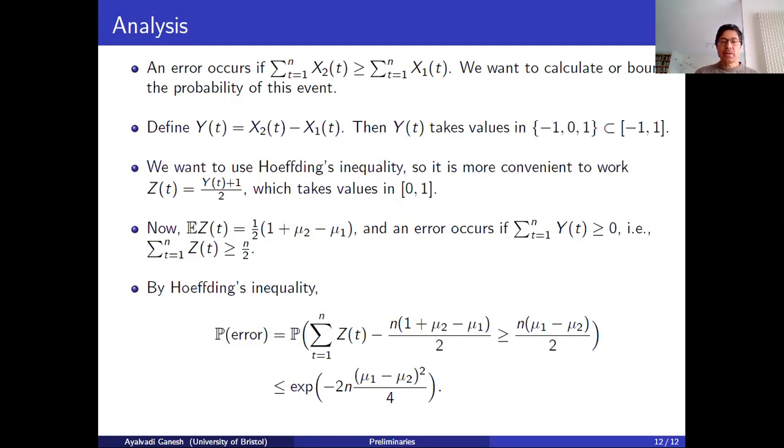Okay, so this is the preliminaries. So let's summarize what we've done so far. We motivated the multi-arm bandit problem with a real-life example. We gave a precise mathematical formulation of the problem and the assumptions in the model that were needed for stating it.